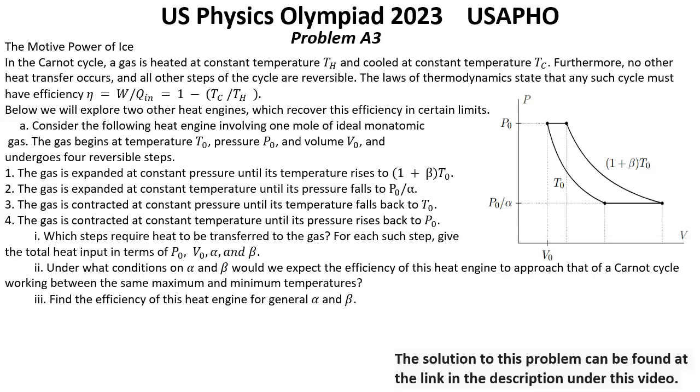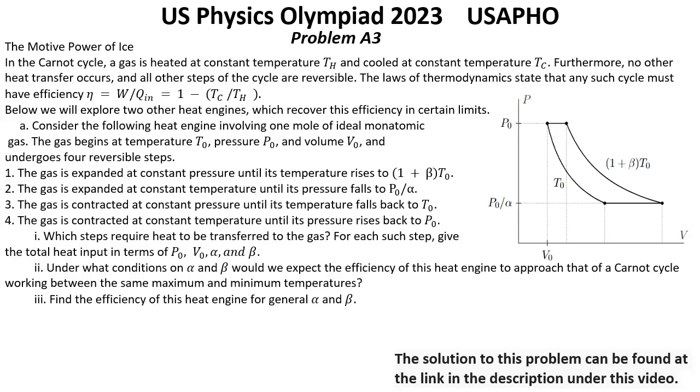In the Carnot cycle, a gas is heated at a constant temperature Th and cooled at a constant temperature Tc. Furthermore, no other heat transfers occur and all other steps of the cycle are reversible.